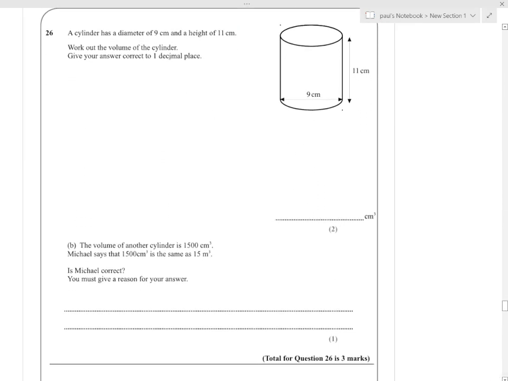A cylinder has a diameter of 9 and a height of 11. Work out the volume of the cylinder. Give your answer to 2 decimal places. Now, it doesn't say anything about pi, so I'm going to use the pi button on my calculator. So the volume is going to be pi r squared times the height.